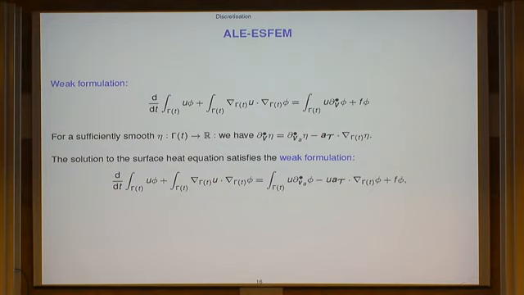So I take the weak formulation I wrote down earlier, and then I note that if I take the material derivative with respect to the material velocity, I can rewrite it in terms of the material derivative with respect to this material velocity plus the arbitrary tangential velocity, so this v sub A, plus this extra term, which depends on the tangential velocity. And if I plug this replacement into the weak formulation, I get this new weak formulation below.